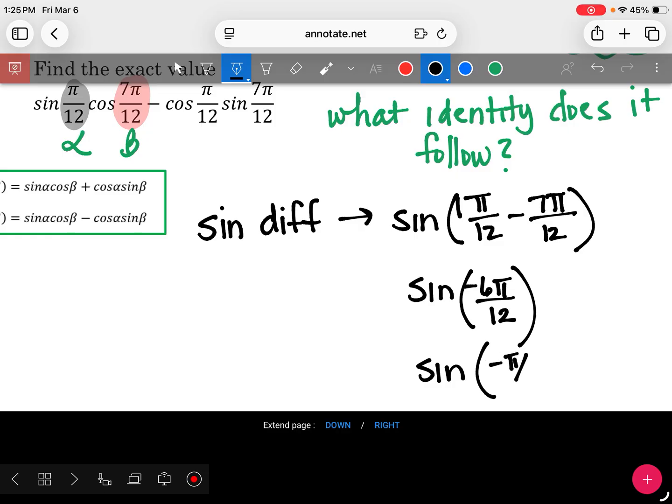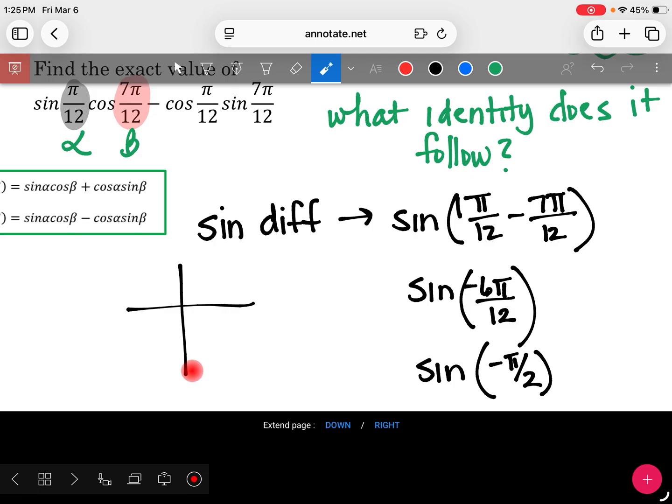Now, remember on your unit circle, that means that I'm rotating this direction. So if I rotate 90 degrees this direction, what angle is this down here? What's the angle that you see down here on the unit circle? 270.